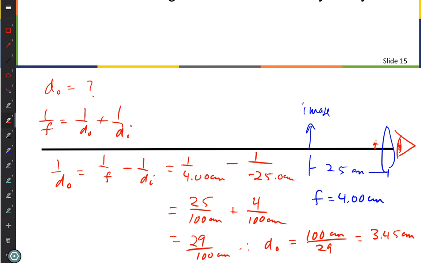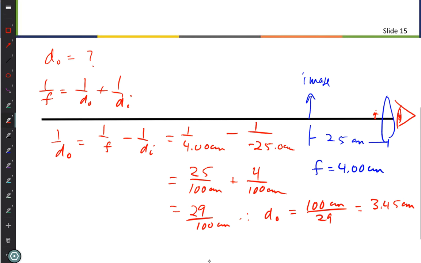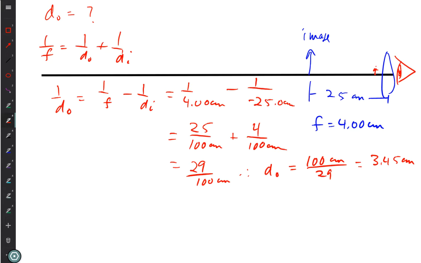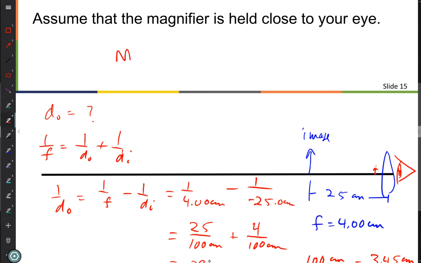The second part is, what's the magnification? How do we find the magnification now? We can go through and recalculate everything, or we can just go with our equation. Magnification for accommodated was equal to n over f plus 1. So that's 25.0 centimeters over 4.00 centimeters plus 1.